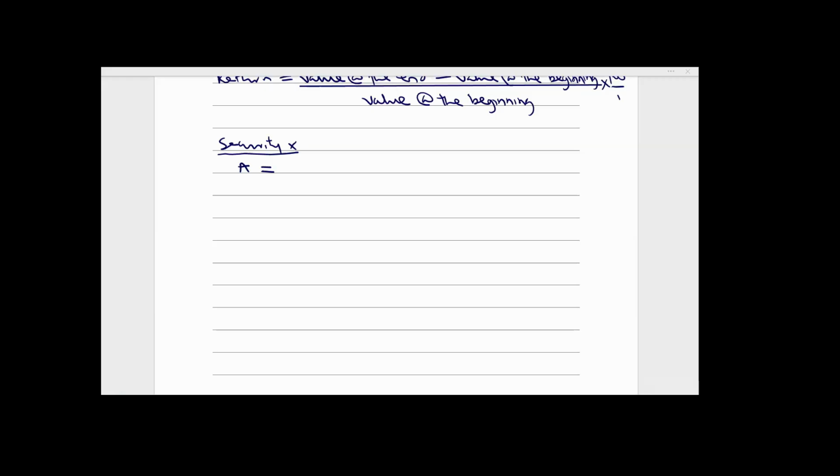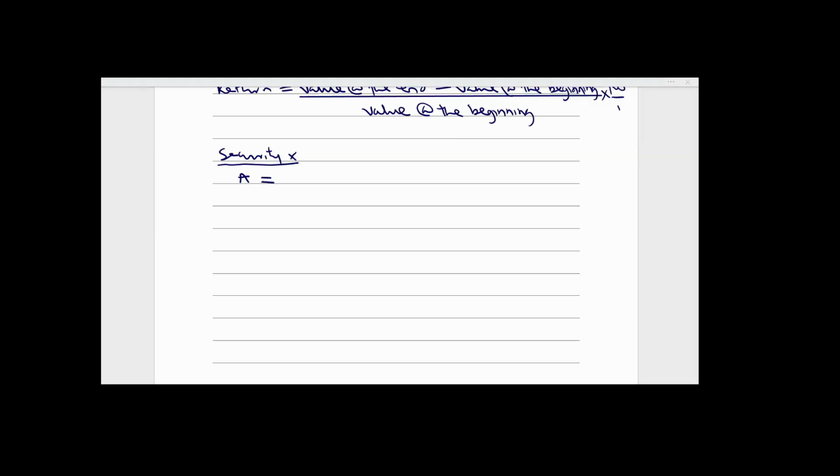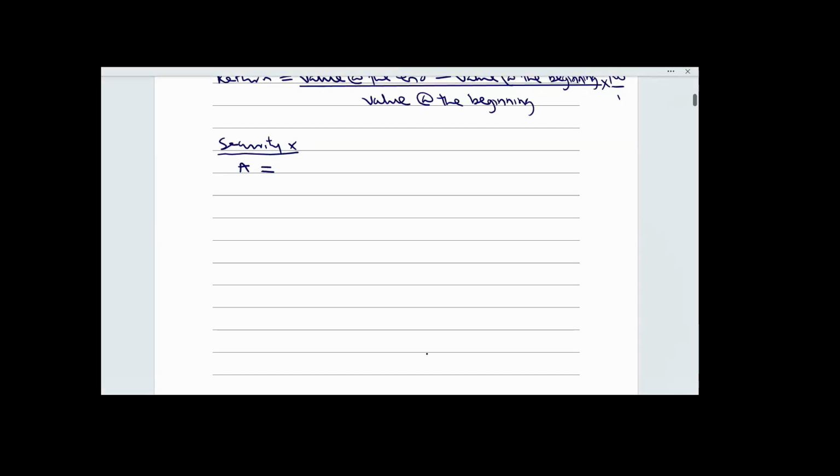The predicted return at the end of the year for security X is 75,000 naira under the state of nature A. So 75,000 minus value at the beginning, which is 60,000 naira you are investing on security X, then divided by value at the beginning, 60,000, multiplied by 100 over 1.